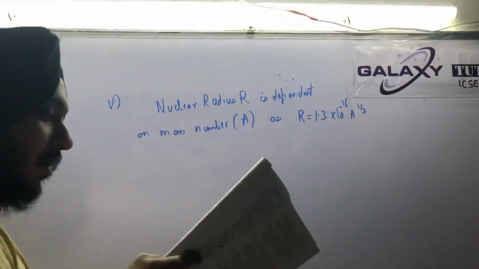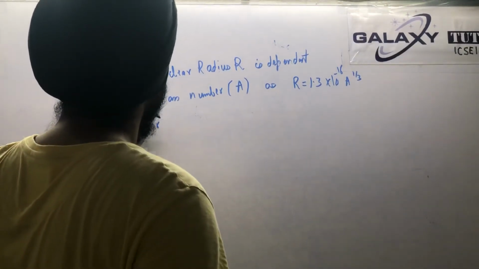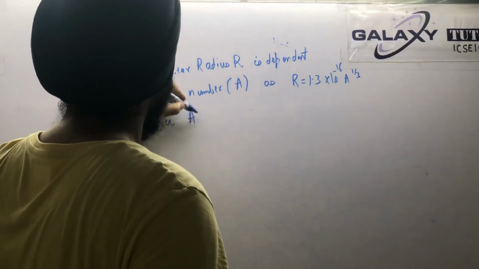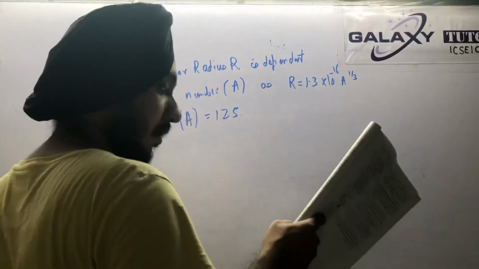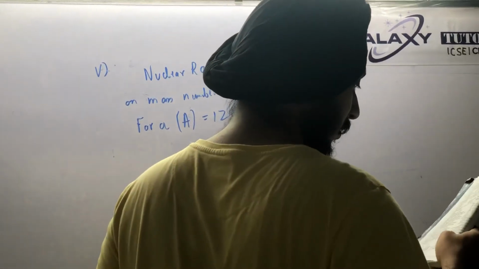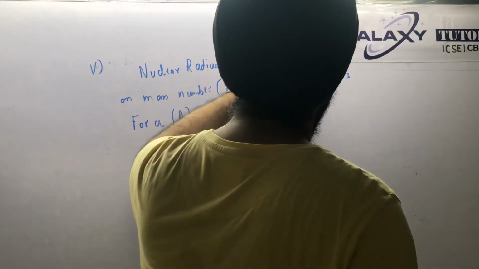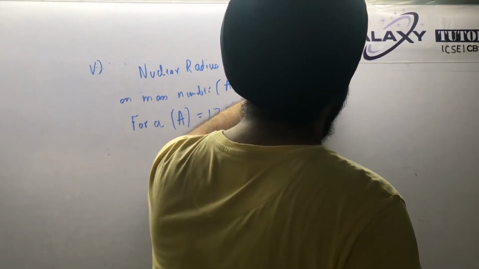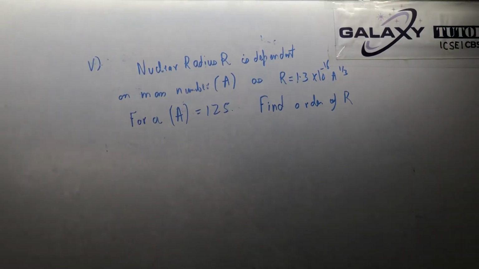Okay, for a value of A equal to 125, find the order of R. See, these questions are pretty simple, nothing complicated in them.